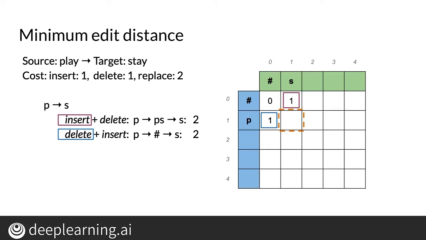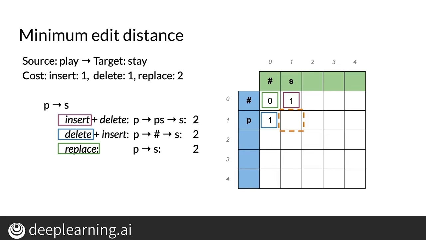This is 1 plus 1 equals 2. The third way is to replace P with S, so that you go from P to S in one step, at the cost of 2 for replacement. Visually, you can think of going from this green box and jumping directly into the orange box.